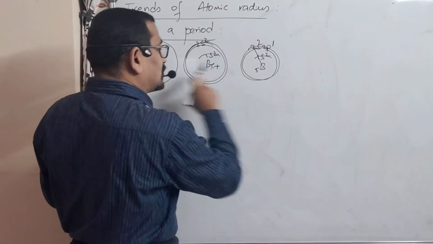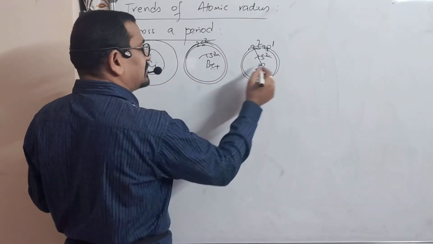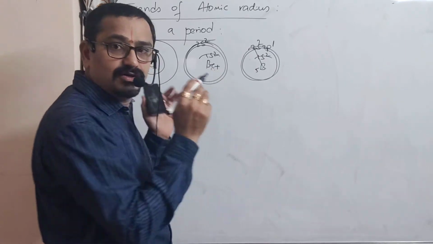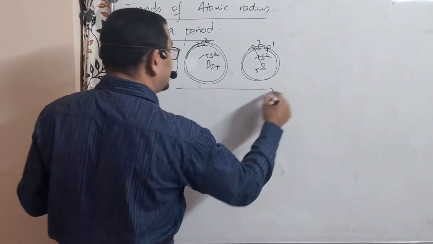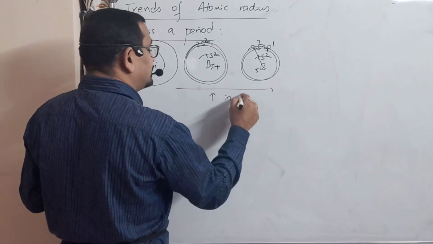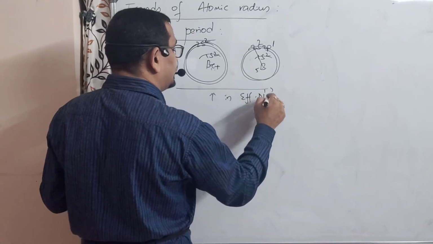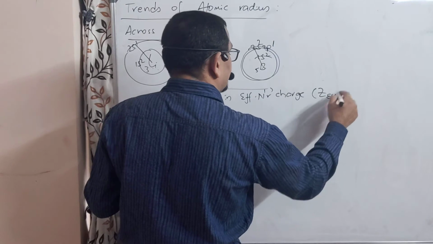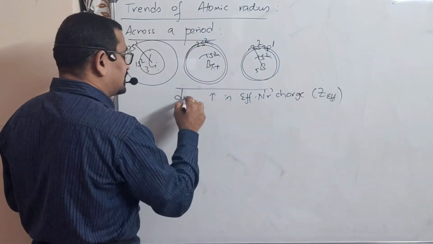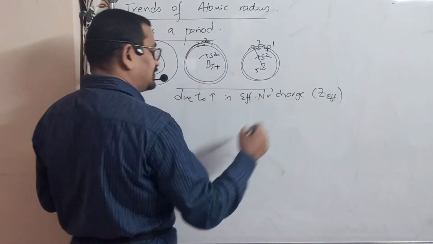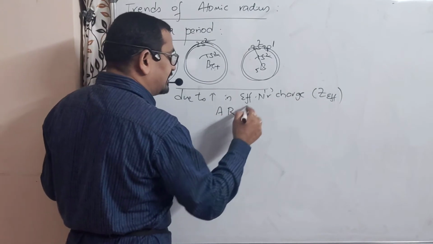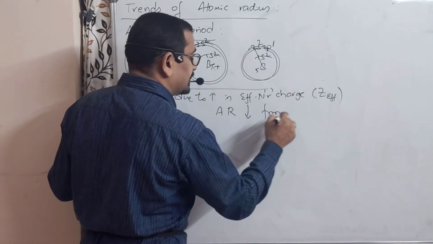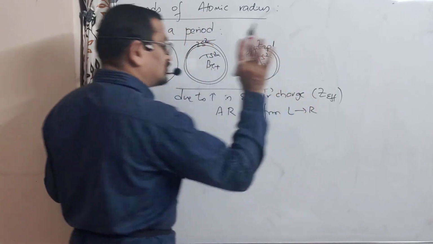So across a period, with increase in atomic number from one element to the next, what's happening? There is an increase in effective nuclear charge, which is given with the symbol Z effective. Due to the increase in effective nuclear charge, atomic radius decreases from left to right across a period.